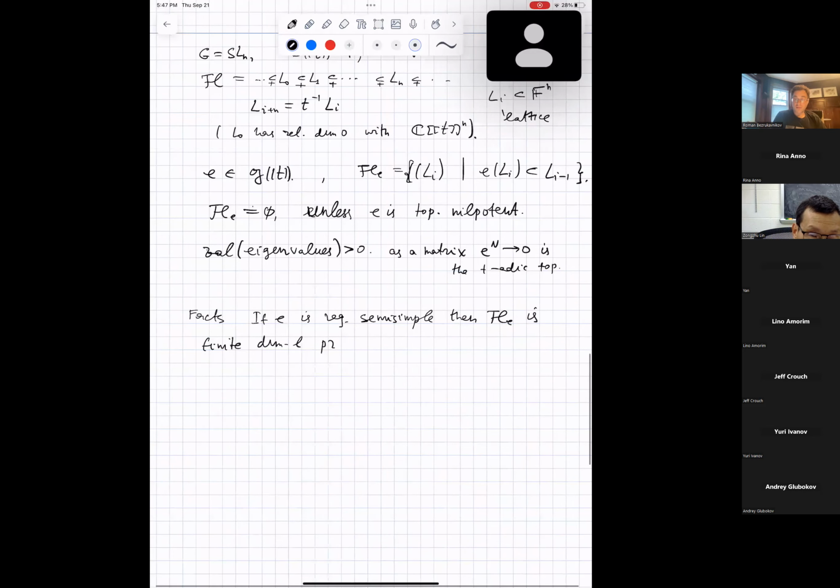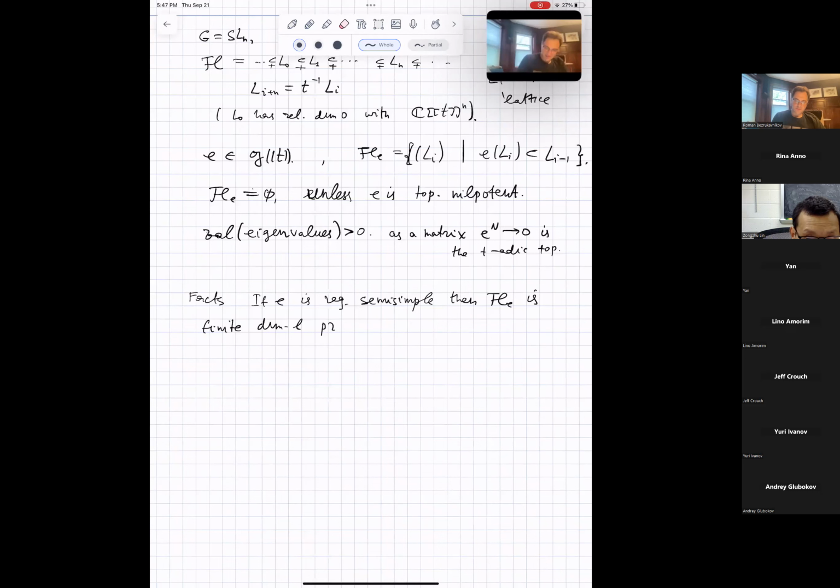Regular semisimple, just as an element in G of F. In other words, the eigenvalues have to have a positive valuation, but they have to be non-zero and distinct.